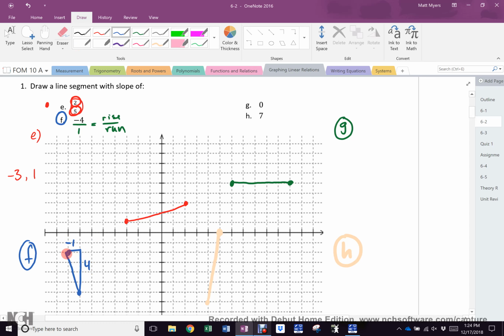If I started up here, I would have dropped 4, which is negative 4, and run positive 1. This one, 0. I rose nothing. And I went this way, 1, 2, 3, 4, 5. 0 over 5. Is that allowed?